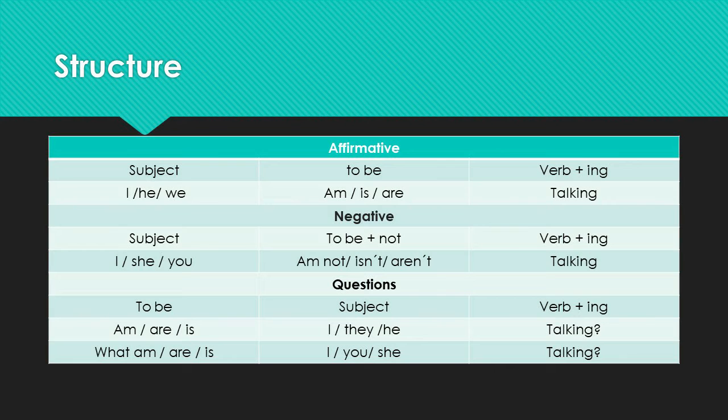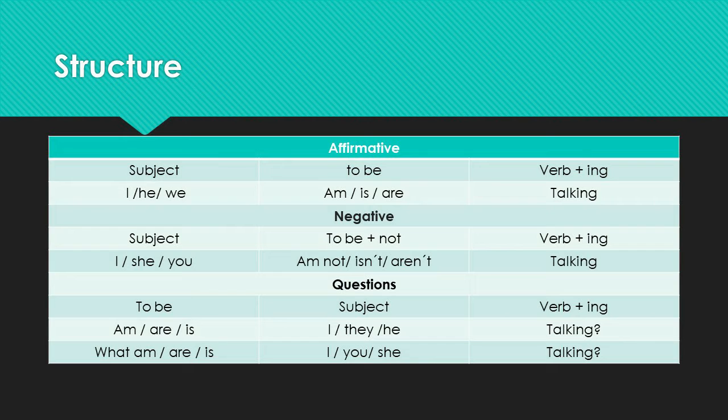Alright guys, now we're going to start with the structure to use the present continuous. In this case we have affirmative, negative, and questions, right? For affirmative, the structure is subject plus the verb to be plus the verb with ing, right?